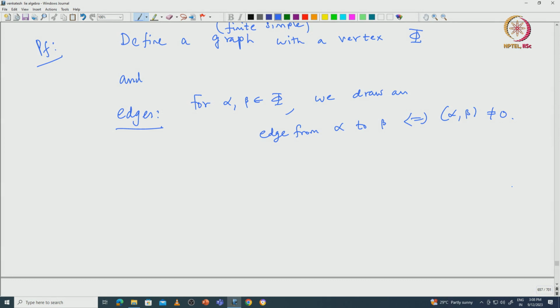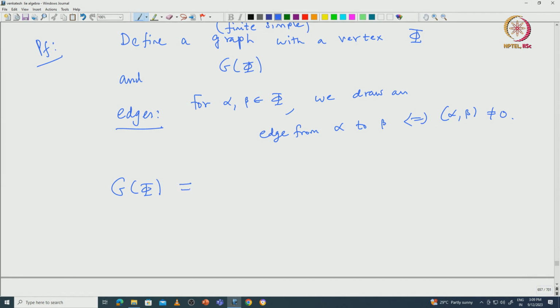Now, it is a fact from elementary graph theory or basic topology that this graph, which we denote by G of phi, since it is a finite graph and you can draw it in R2, is indeed a union of connected subgraphs.